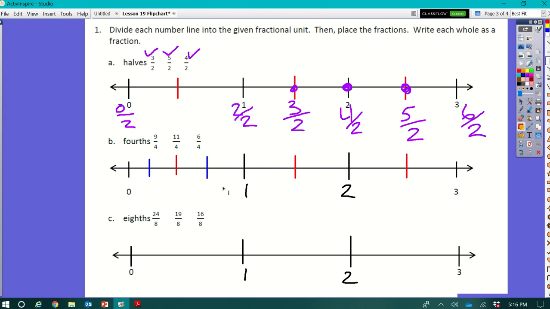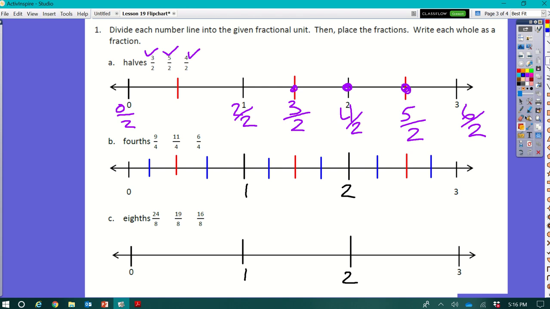So I'm going to do that for each whole number. So from 1 to 2, I'm going to make sure I have 4 equal parts. From 2 to 3, make sure I have 4 equal parts. Okay, so I'm going to double check, make sure there's 4 equal parts inside each whole number.